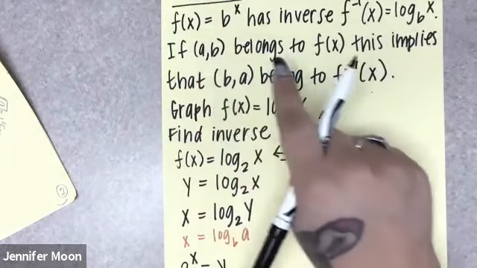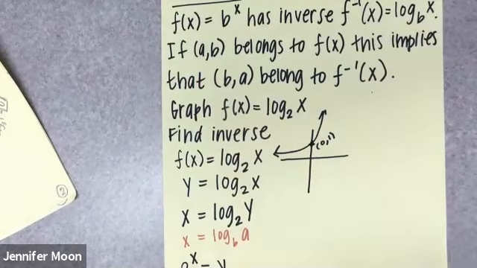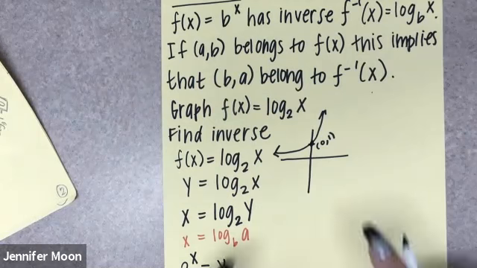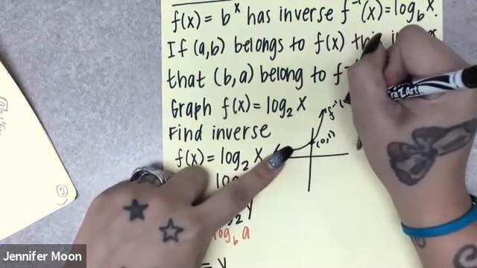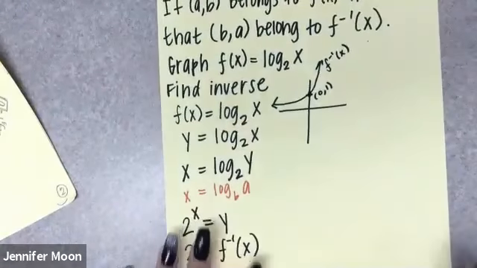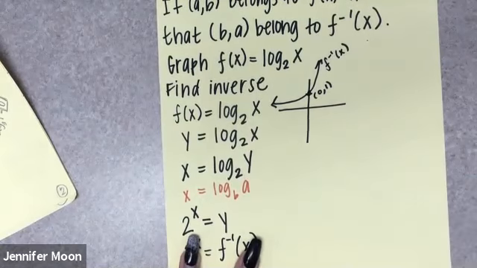Now, if a comma b belongs to f of x, then b comma a belongs to the inverse. All that says is whatever point you have for either of these functions, you just take the opposite point, and that's the other function. So this one, what I just graphed was the inverse, right? So if I graph the actual function, instead of 0, 1, I do 1, 0.